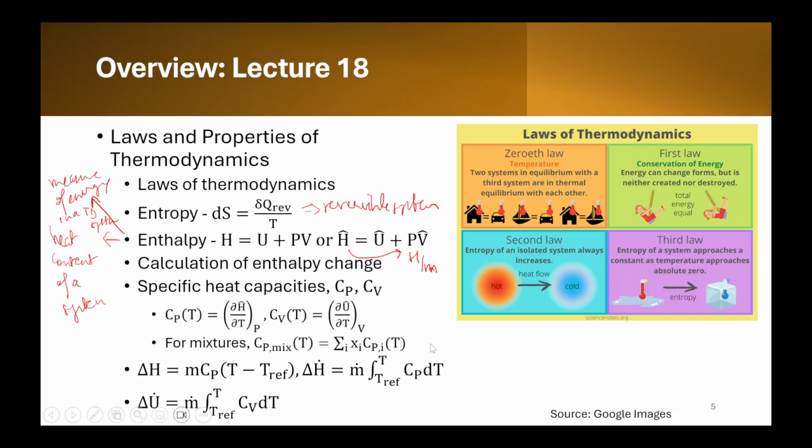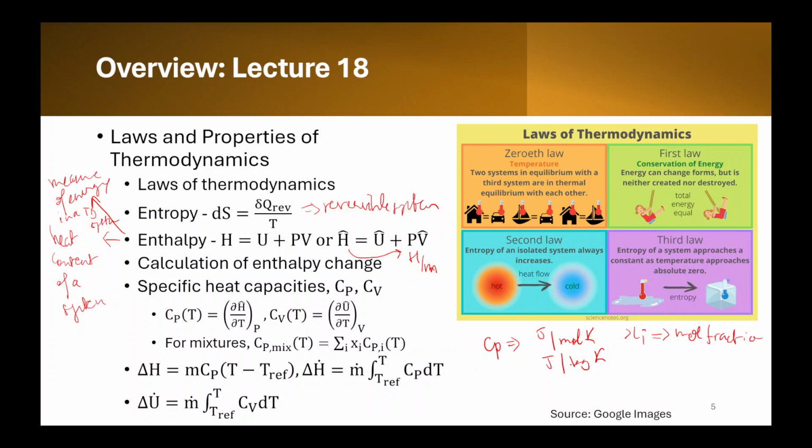The unit of Cp is either joule per mole Kelvin or joule per kg Kelvin. If Cp is expressed in joule per mole Kelvin, then this Xi will be the mole fraction, mind you.